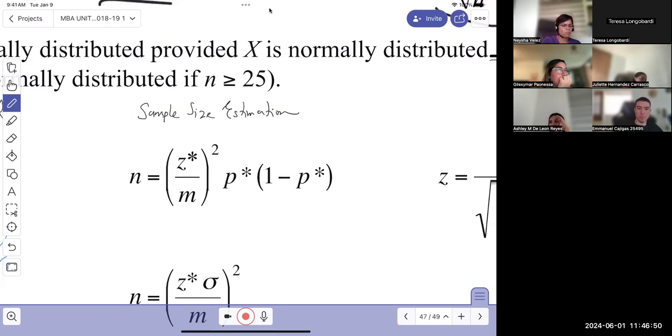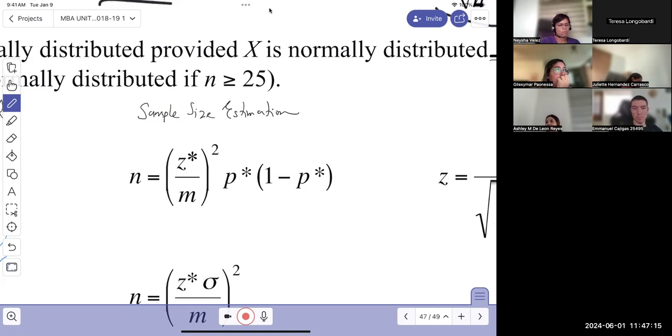Like when we were looking at the blood pressure readings, I said if you take more blood pressure readings from sample to sample to sample, reading it on different days or different points of the day, they're going to be closer together. They're not going to be so volatile, if you take a larger sample size.